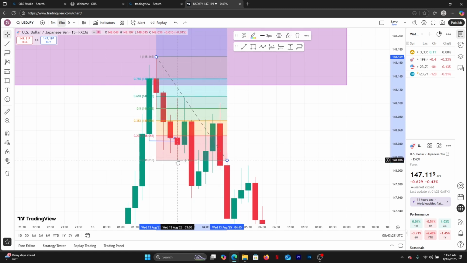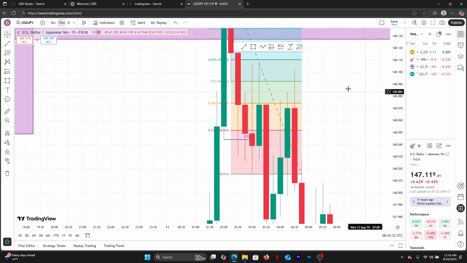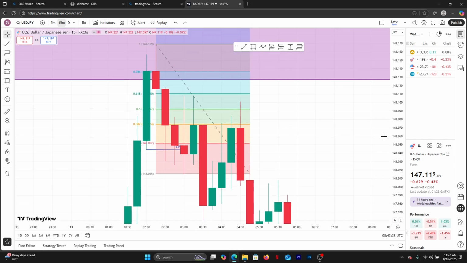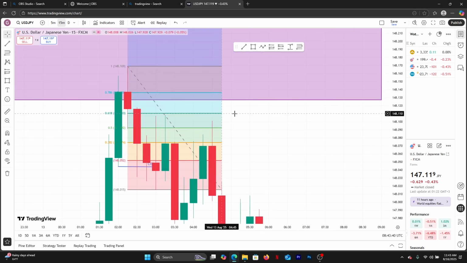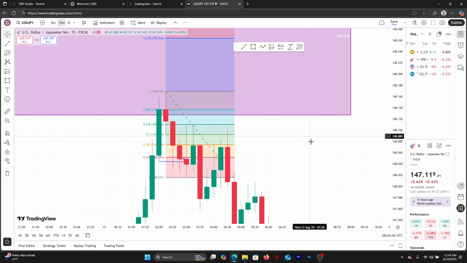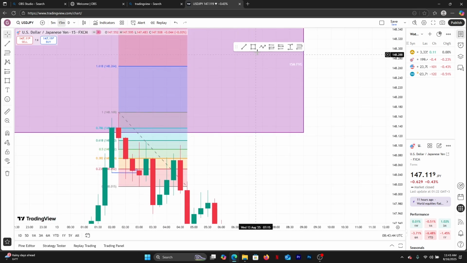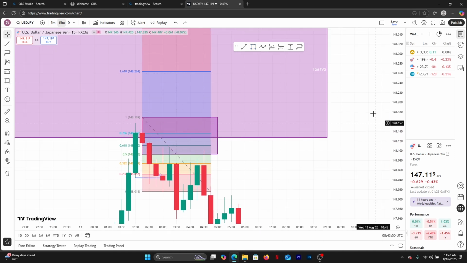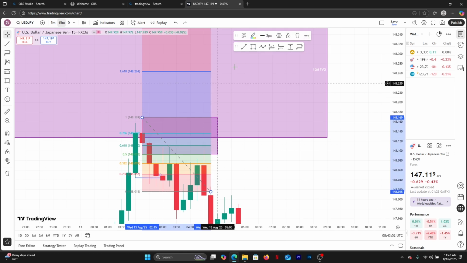This candle is the one that gave us this change in state of delivery, because it closed below this low. Nice. Now that having happened, we want to mark now the premium of this dealing range. Premium of this dealing range is here, and now we want to look for entries.